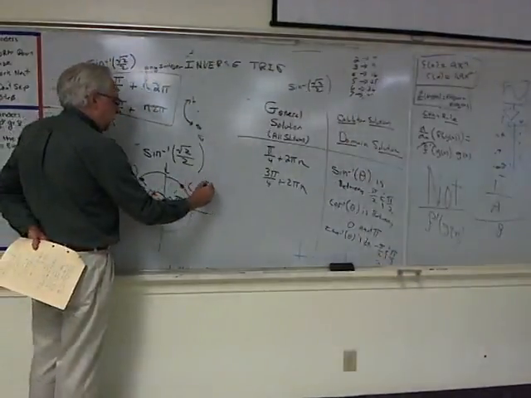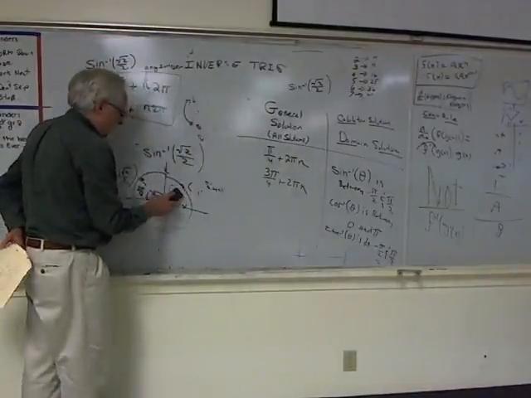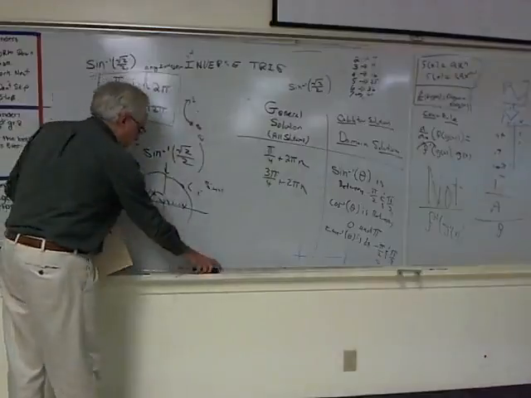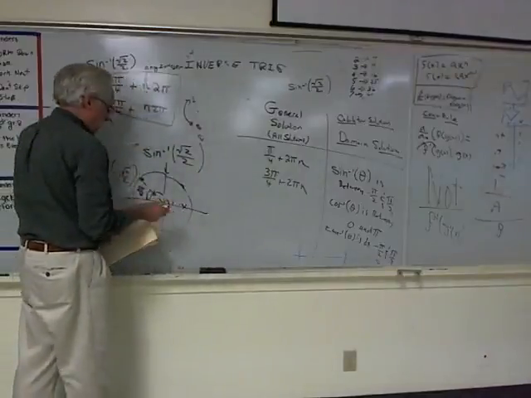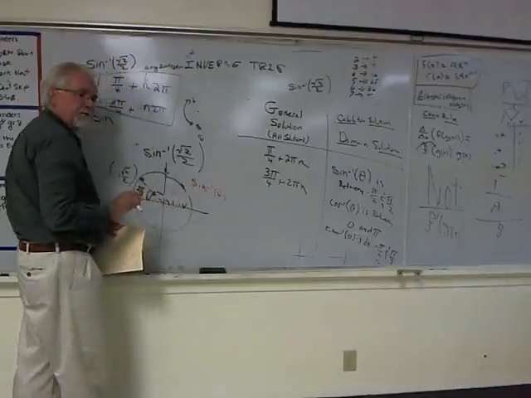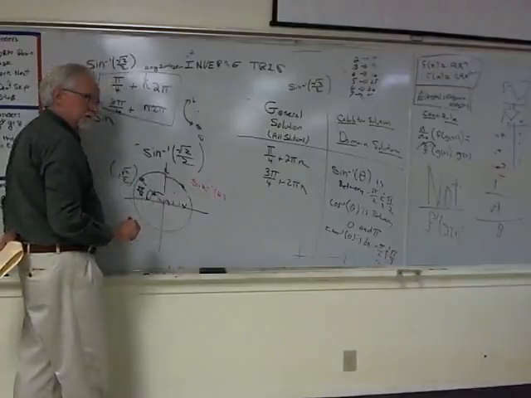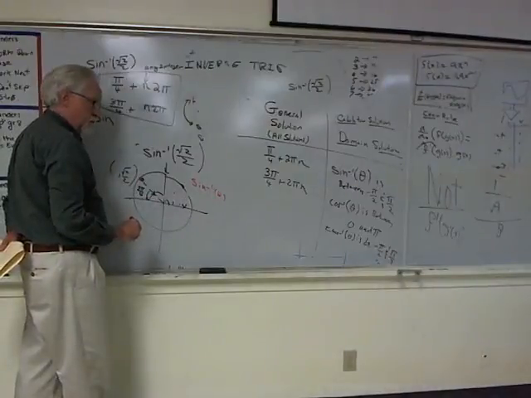What would my second group of them be, Austin? 3 pi over 4 plus n times 2 pi. Okay. Those are the solutions: pi over 4 plus n times 2 pi, and 3 pi over 4 plus n times 2 pi.